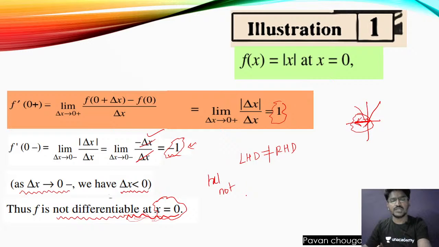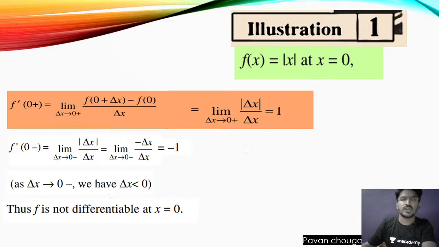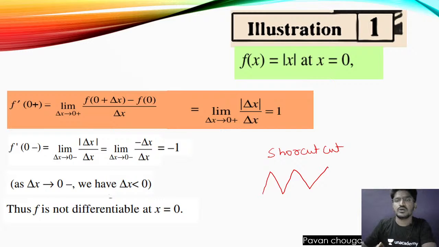From this, I am going to tell you one very important shortcut. Please make a note of this. One shortcut, that is, whenever there are sharp edges like this, at those particular points the function is not going to be differentiable.